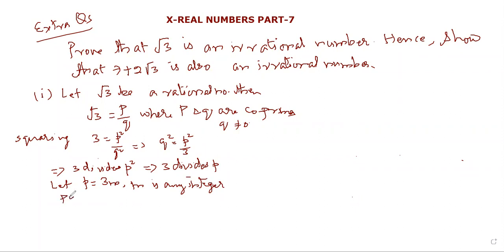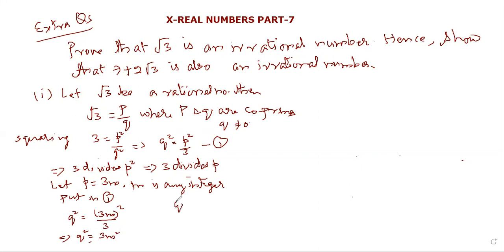Then put this value in equation number 1, P square. So Q square will be equal to 3m whole square divided by 3, or Q square is equal to 9m square divided by 3, and this 3 we can write on the left side.